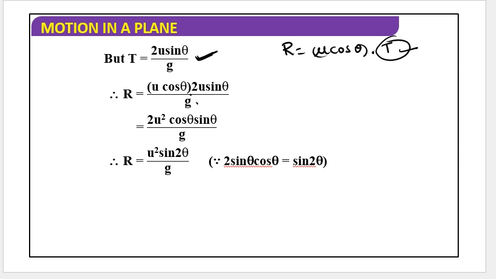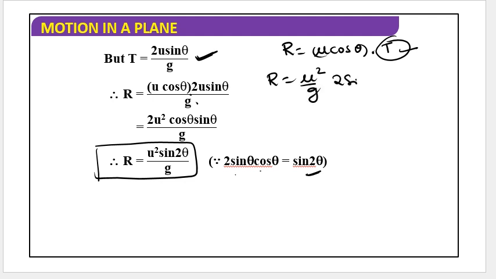From this we can write 2u square cos theta into sin theta by g. Already we know very well 2 sin theta cos theta is equal to sin 2 theta. That's why r equal to u square sin 2 theta by g.